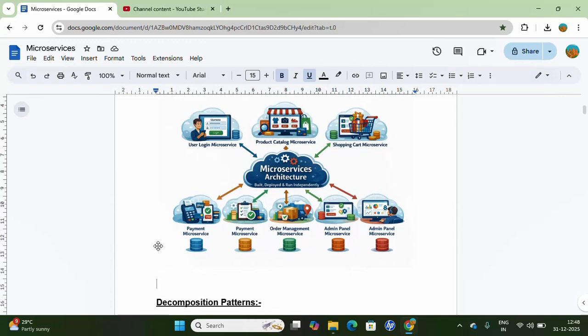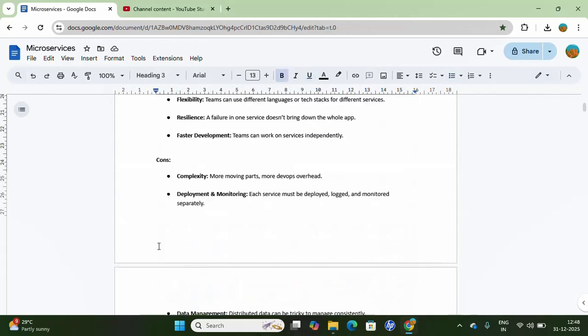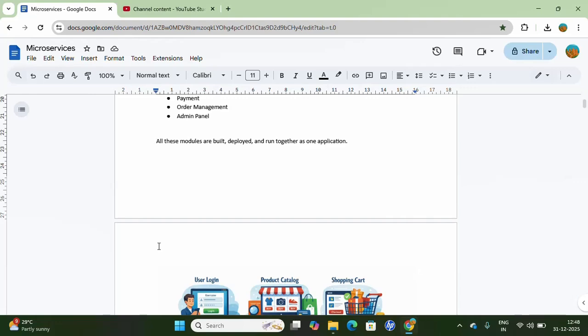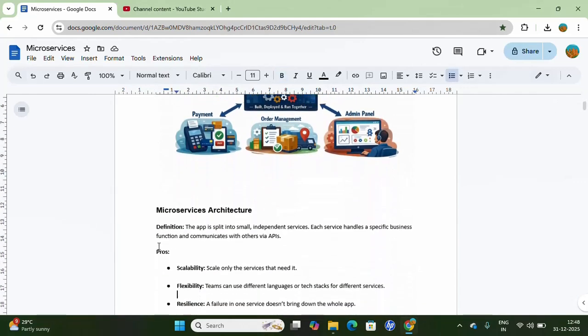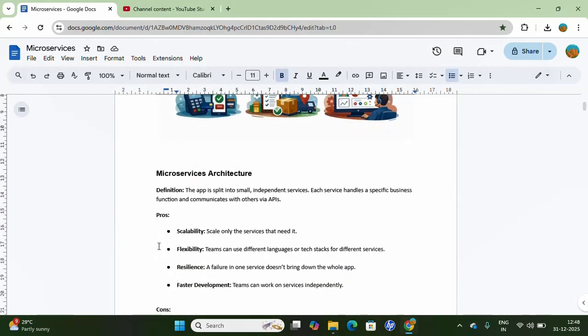If the admin panel service is down, the remaining application won't be affected, only that particular part. That means it only affects the respective part. One failure won't bring the whole application down.